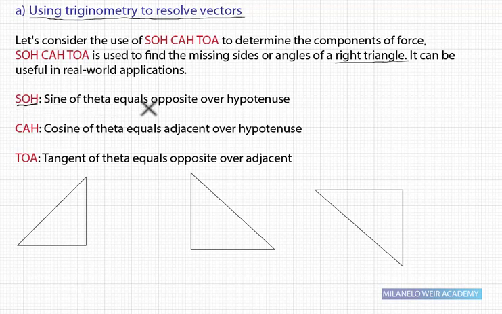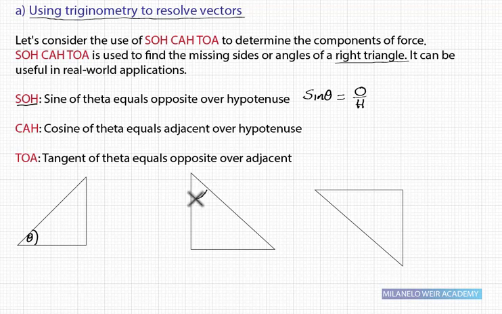Sine of theta equals opposite over hypotenuse. What do you mean by that? Sine theta is equal to opposite over hypotenuse. Opposite is the side opposite to the angle. Maybe I should go ahead and label the angles here.